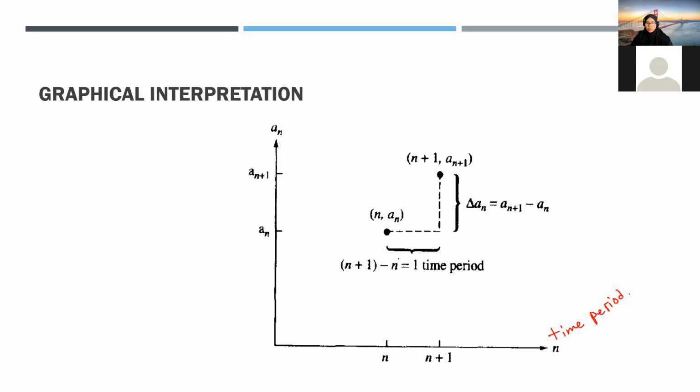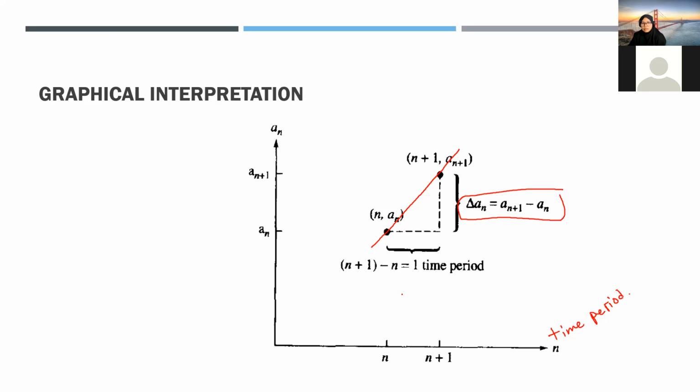Okay, so in our case, if we are taking just one difference between n plus 1 and n, the time period is only 1. So the slope right here is the change in A with respect to the change of time period of 1. So that's why we get this equation.